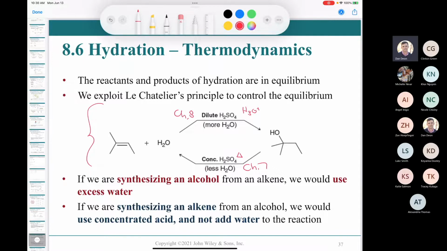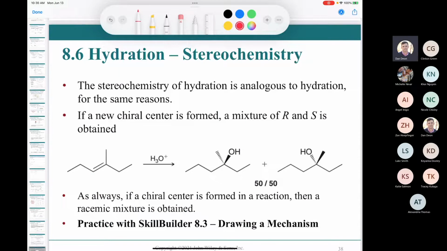Now, what about stereochemistry? The hydration reaction proceeds through a carbocation intermediate. And we know that when we produce a carbocation, like this one here, this carbocation is sp2 hybridized. It is trigonal planar.